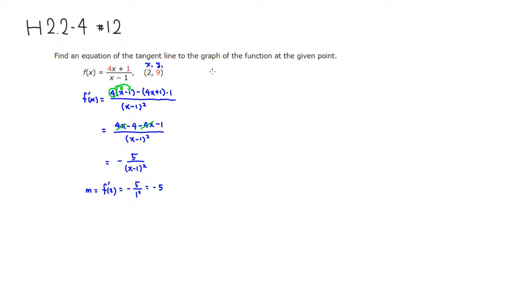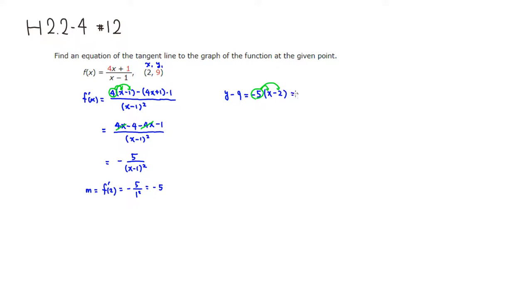By point-slope form, we have the equation y minus y1, where y1 is 9, is equal to the slope, negative 5, times the quantity x minus x1, where x1 is 2. I'm going to distribute negative 5 to x and negative 2.